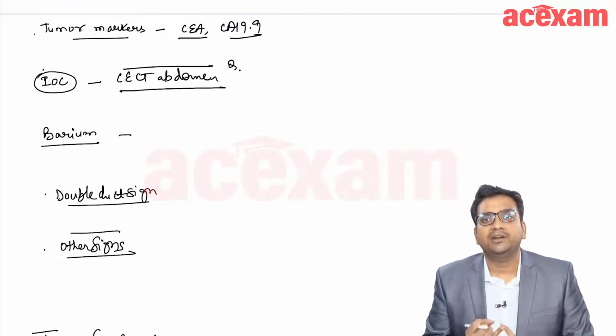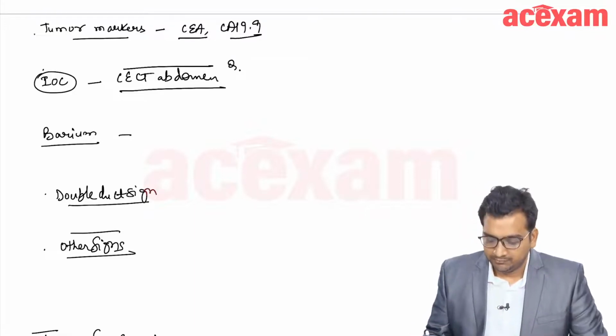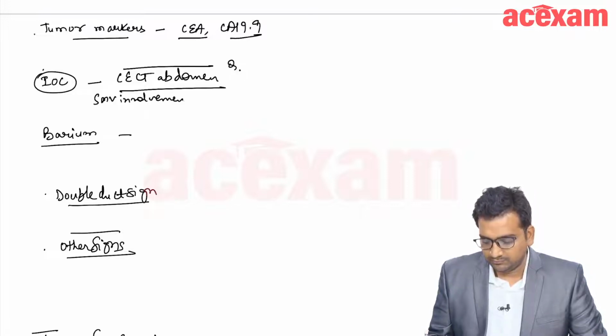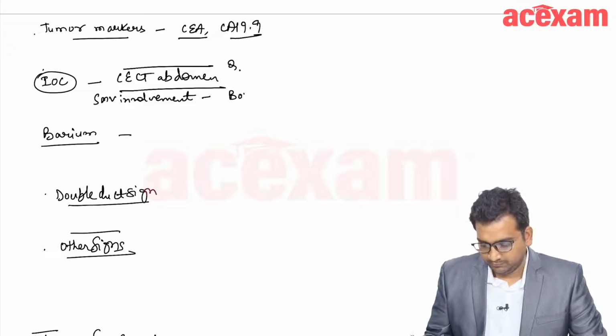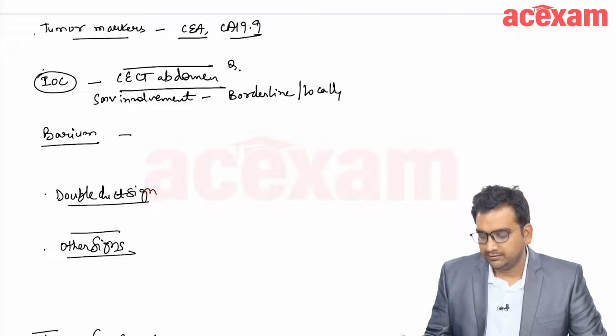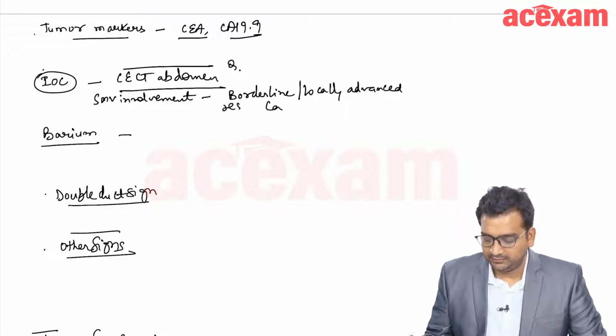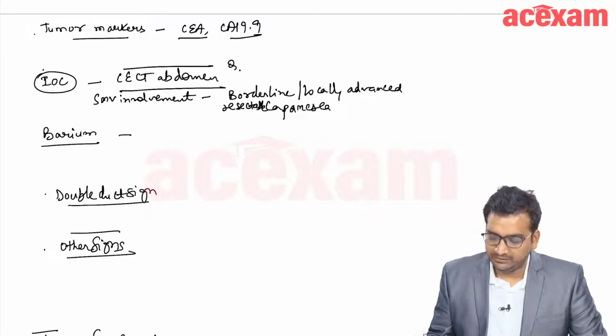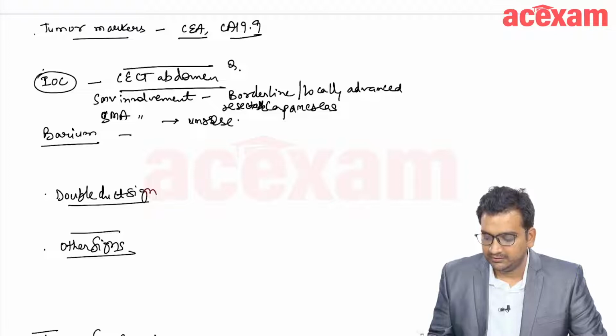Involvement of superior mesenteric vein makes it borderline resectable, borderline or locally advanced CA pancreas. And superior mesenteric artery involvement is unresectability criteria. It is unresectable. Okay.